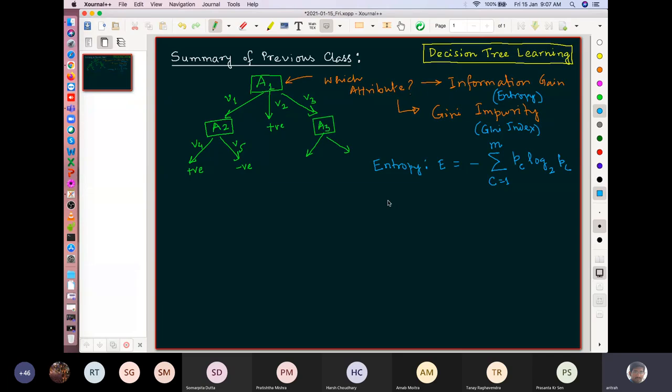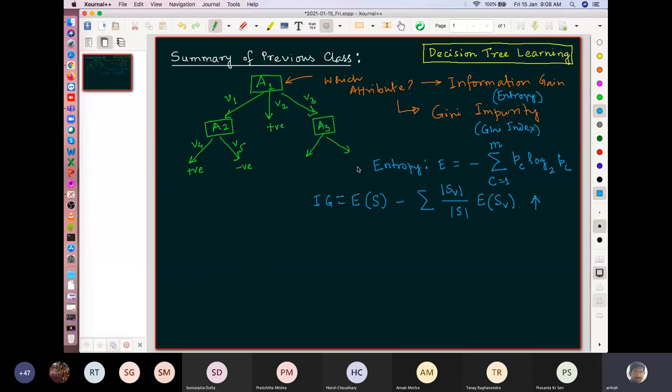And when we choose an attribute, the space of training examples gets split, and our information gain is whatever the entropy was earlier minus the sum over the fractions of that space splitting, with which we compute the entropy of each split. So this is the gain that we get, and the higher the gain, the better the attribute to be selected.